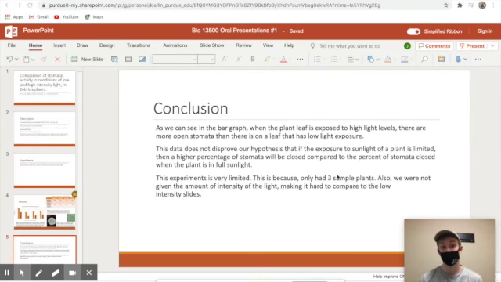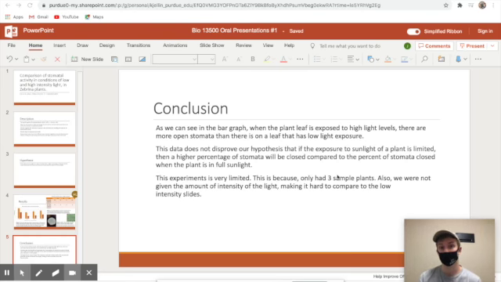So I'm the PI, Carson Huber. I'll be talking about the conclusion of our lab. So as we can see in the bar graph, when the plant leaf is exposed to high light levels, there are more open stomata than there is on a leaf that has low light exposure. To prove this, we use the data from the group Yellow 8.